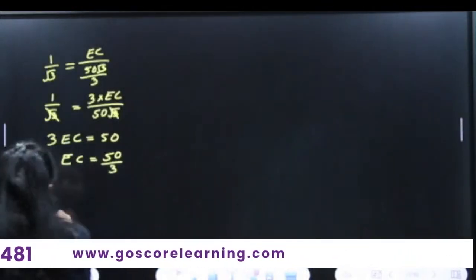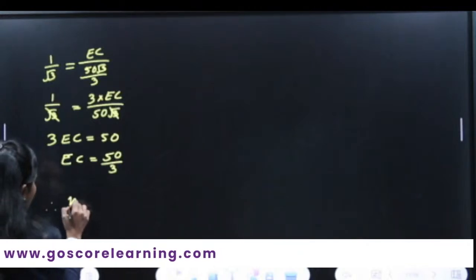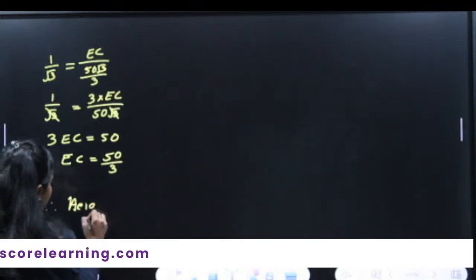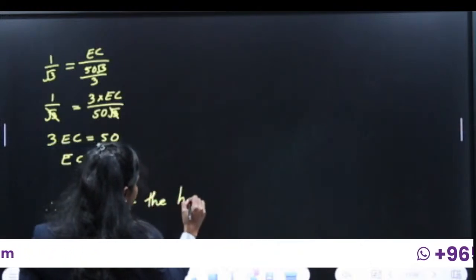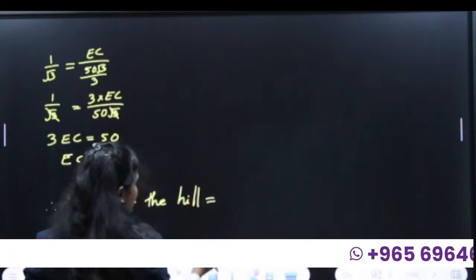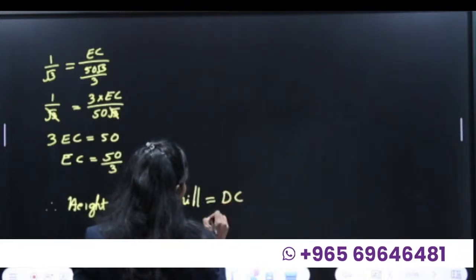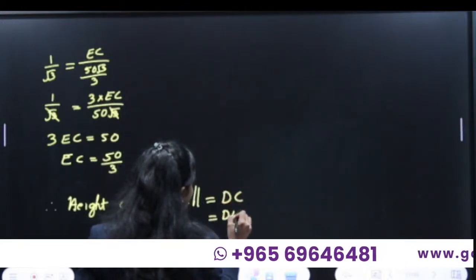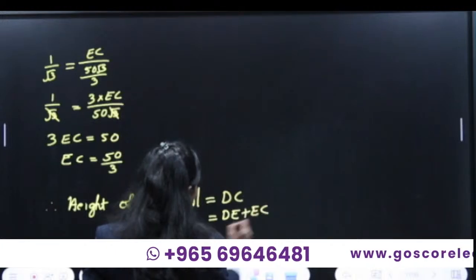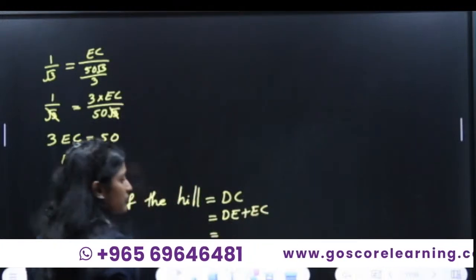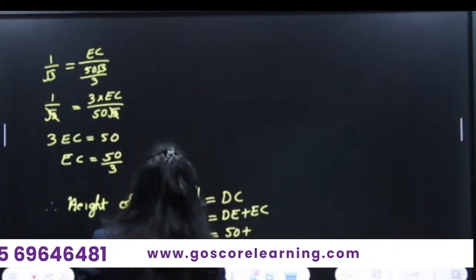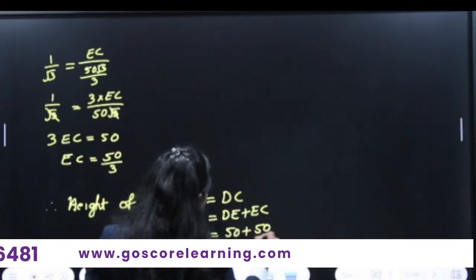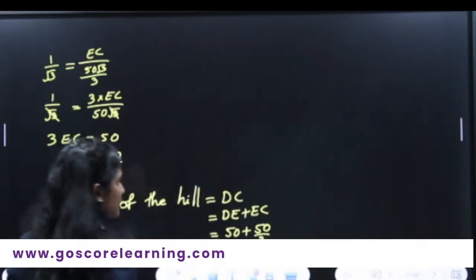Now, therefore, height of the hill is equal to DC, which is DE plus EC. What is DE? DE is 50 plus EC is 50 by 3. Correct?